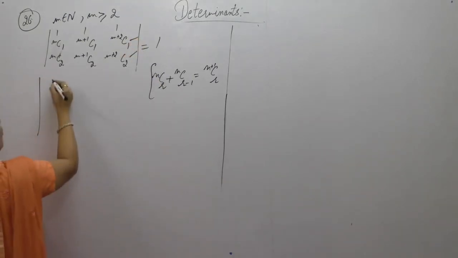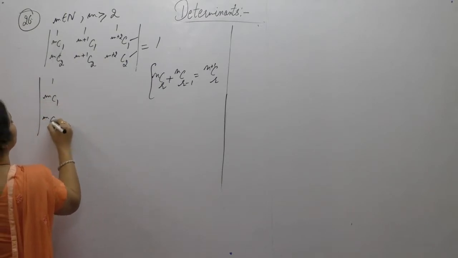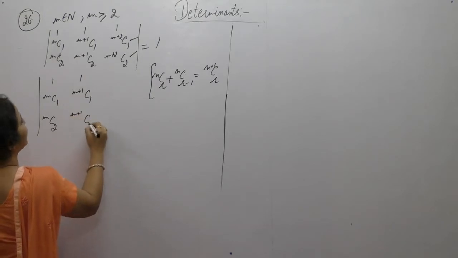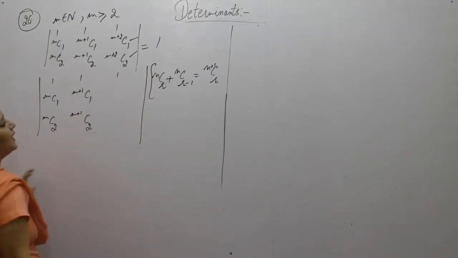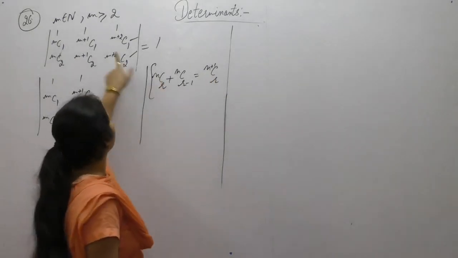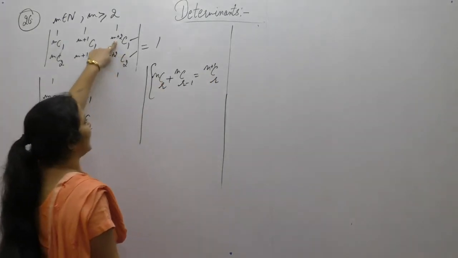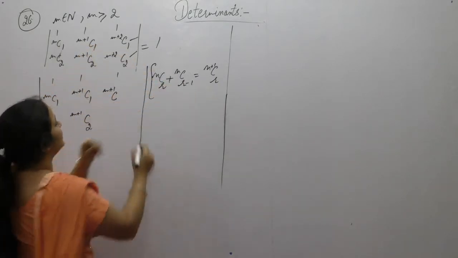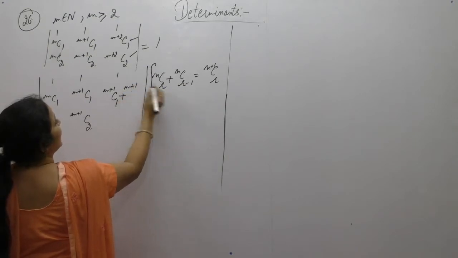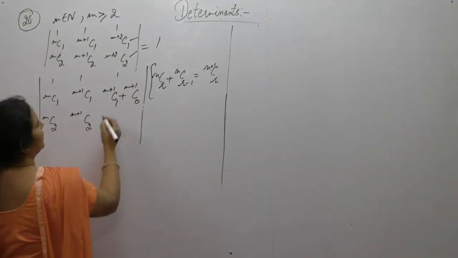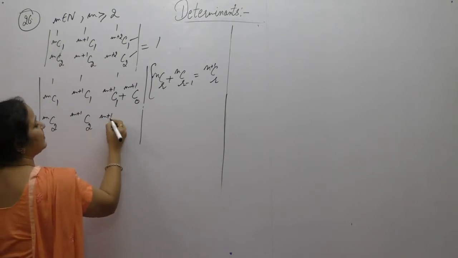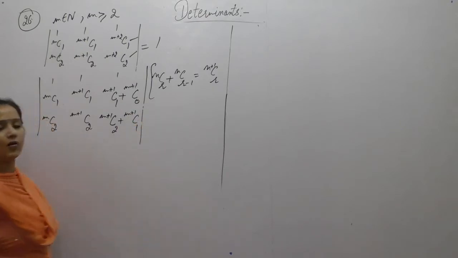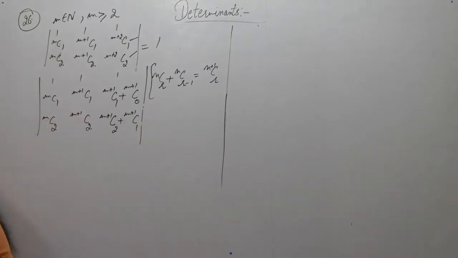So write down the determinant 1, mC1, mC2, 1, m plus 1 C1, m plus 1 C2, n plus 1 Cr. So n is m plus 1, m plus 1 Cr is 1. So 1, minus 1, 0, m plus 2. So m plus 1 Cr is 2 and 2 minus 1 is 1. Note up to here.